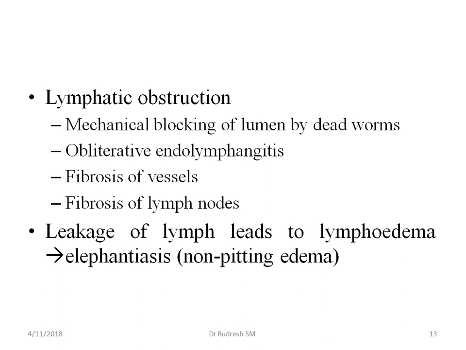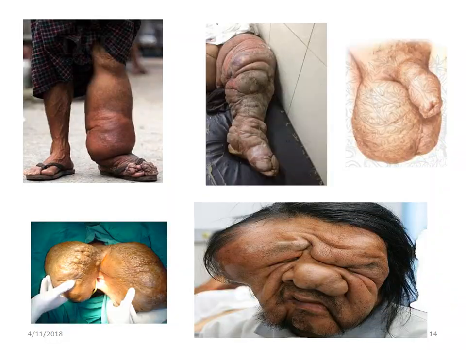So the leaking of the lymphatics and obstruction to the lymph flow lead to the accumulation of proteinaceous material in the tissue, leading to what is called elephantiasis, a non-pitting type of edema. You can see all these pictures, which represent different forms of elephantiasis affecting different structures of the body.